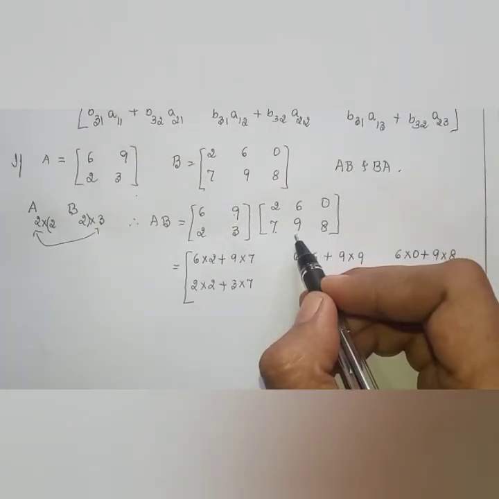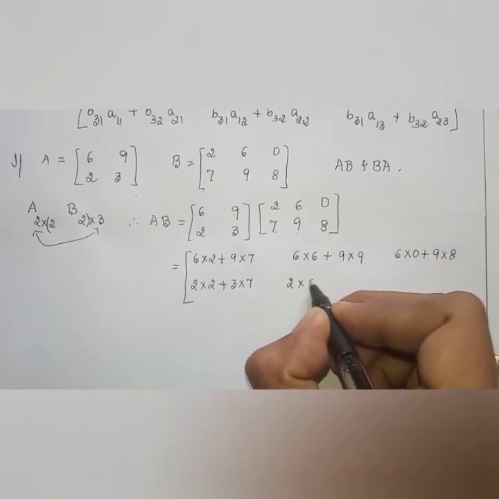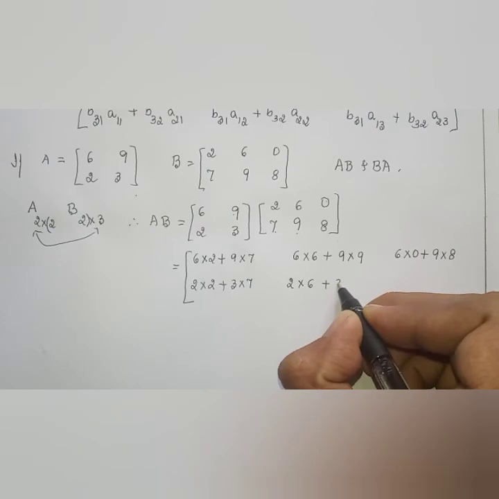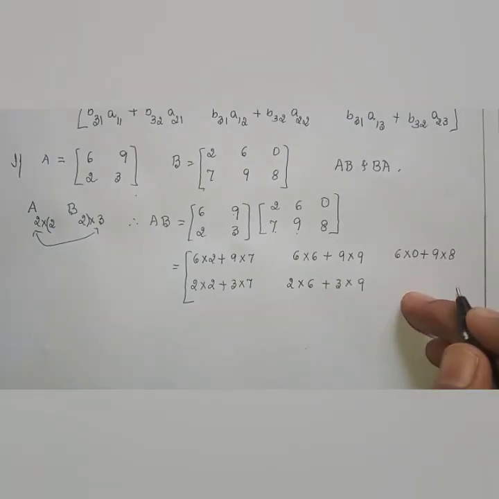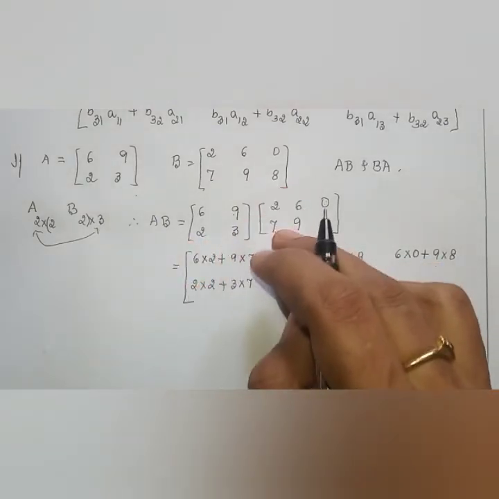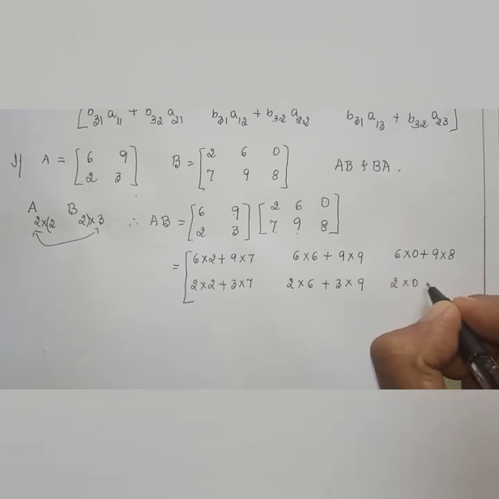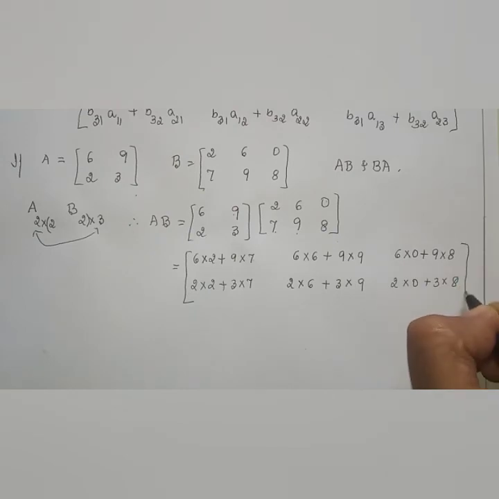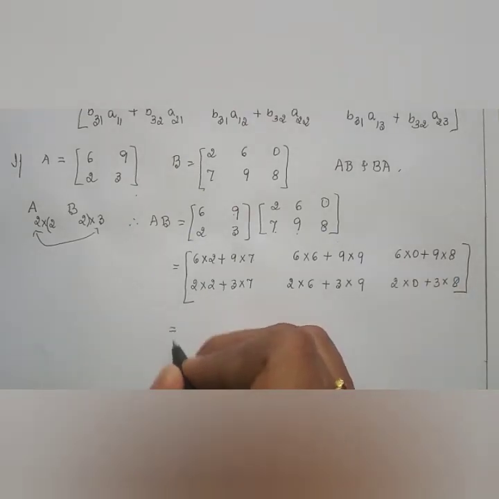Second row, second column: 2 into 6 plus 3 into 9. This entry lies in second row, third column: 2 into 0 plus 3 into 8. Matrix multiplication is over.